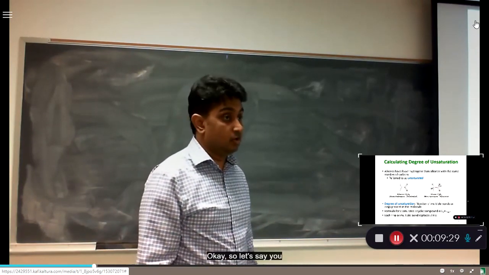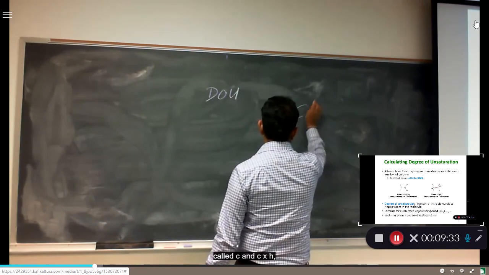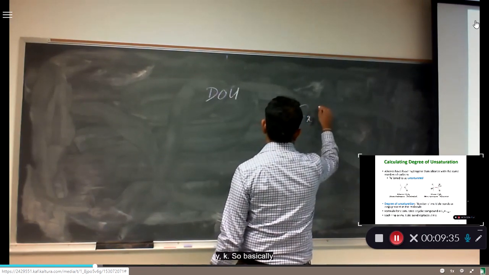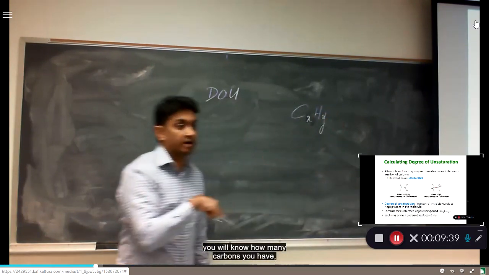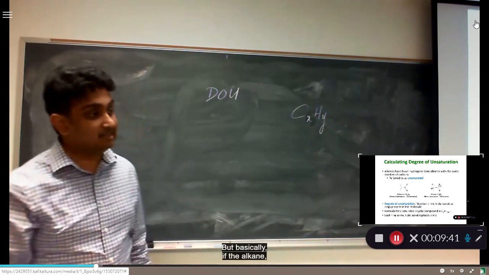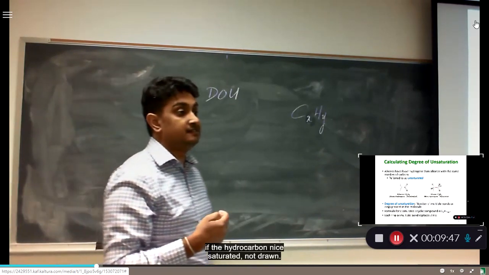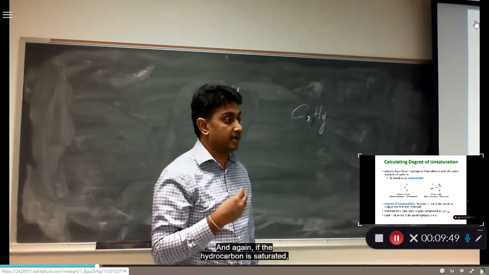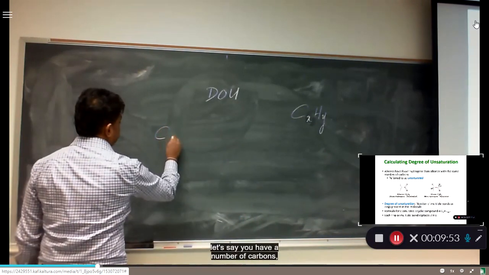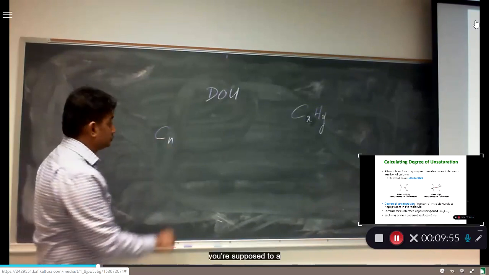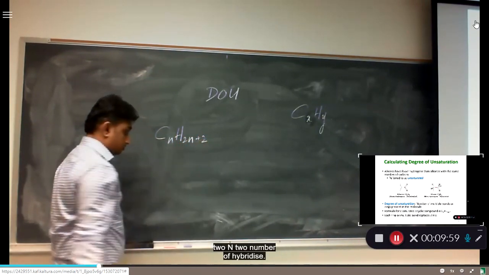Let's say you have a formula CxHy. You know how many carbons and hydrogens you have, but if the hydrocarbon is saturated and you have n carbons, you are supposed to have 2n plus 2 hydrogens, right?